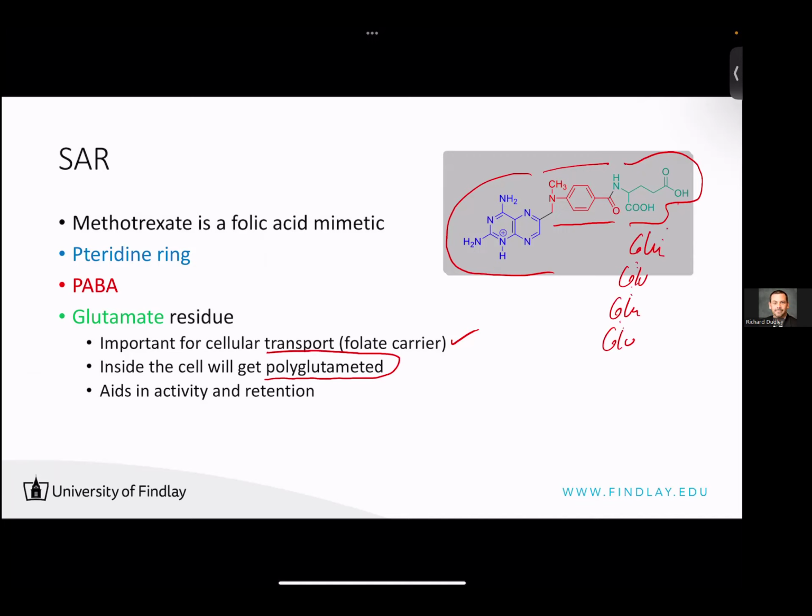Polyglutamation aids not only its activity, but its retention inside a cancer cell. Remember, cancer cells overexpress a variety of pumps, P-glycoprotein and other ATP-dependent transporters, to pump chemotherapy out of a cell. When methotrexate gets polyglutamated, it helps to keep it inside the cell.